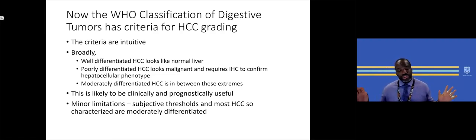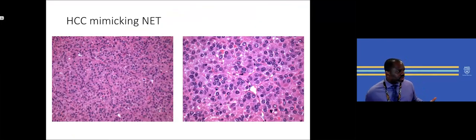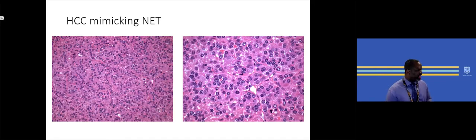Next, I'm going to show you 3 different HCCs that just came through our practice, to give you a sense of this variability. And here they come. Here's one well-differentiated HCC, or some people might consider this moderate, but to me, this is reasonably well-differentiated. The reticulin was lost, but this HCC has a trabecular pattern of growth that superficially mimics a neuroendocrine tumor.